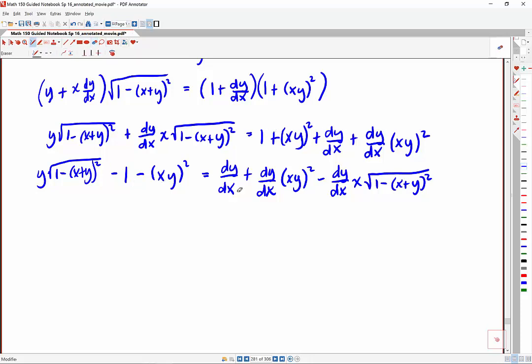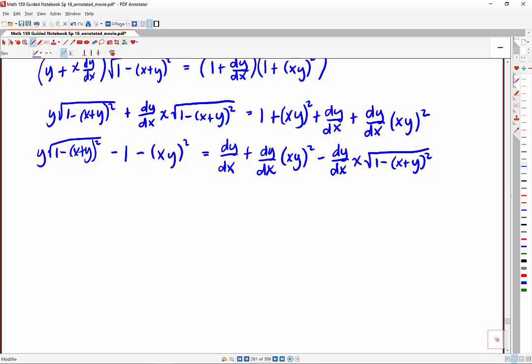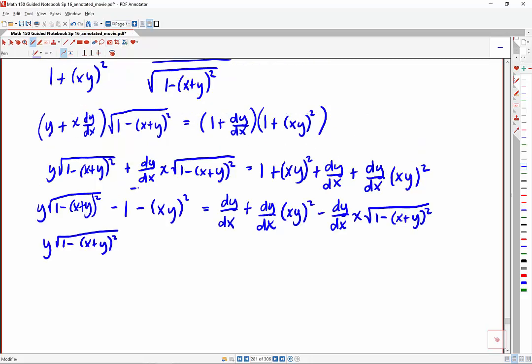All right, so continuing, we will have y times root 1 minus x plus y, the quantity squared, minus 1 minus xy, the quantity squared, is equal to, I'm factoring out a dy/dx, and we'll have a 1 plus xy, the quantity squared, minus x times the square root of 1 minus x plus y, the quantity squared.